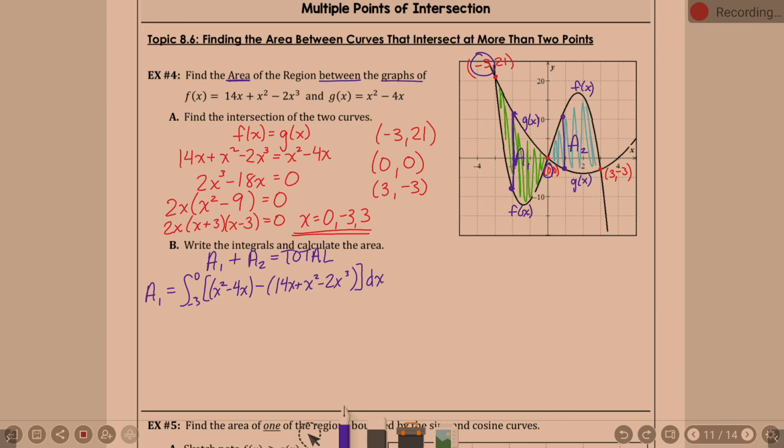Okay. And as we said, I'll just write it in here. That was g of x minus f of x. Do some math. We've kind of already done some of this math, haven't we? What does this clean up to be?